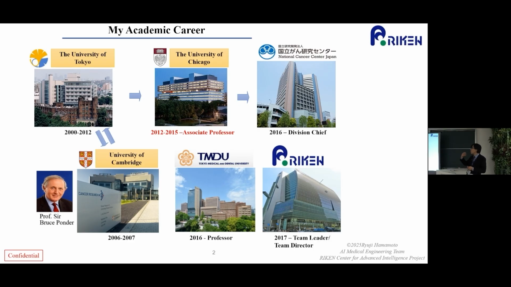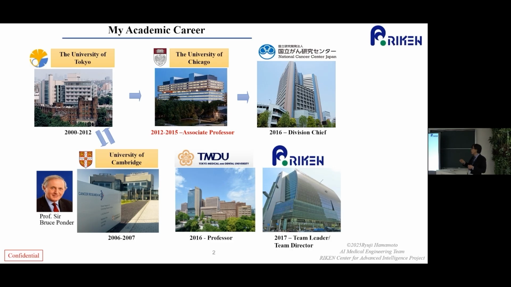Then I returned to the University of Tokyo, and since 2012, I moved to the University of Chicago. And I continued to study cancer research. But as you may know, Chicago is very famous in the radiology field and is one of the centers of medical artificial intelligence in the United States.